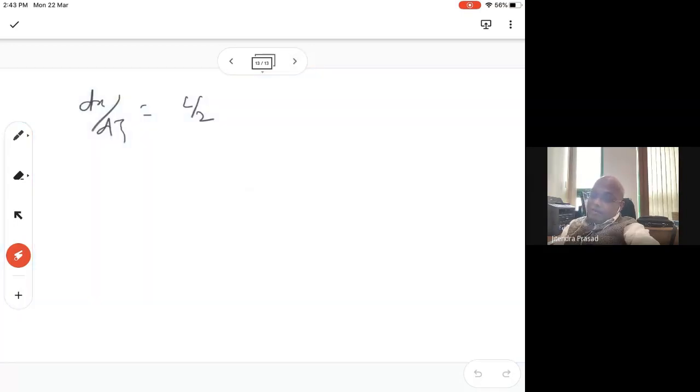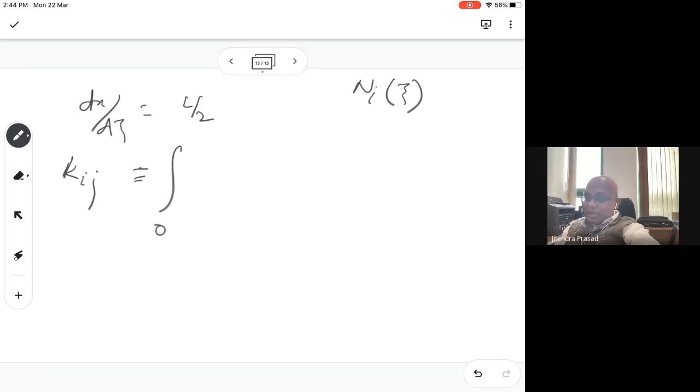Okay, now the equation. So Kij is equal to, now our Ni is already in xi basically, right? So we can write like this: not 0 to L, let's change the limits to xi now. Then we have dNi/d xi multiplied by d xi over dx, right?